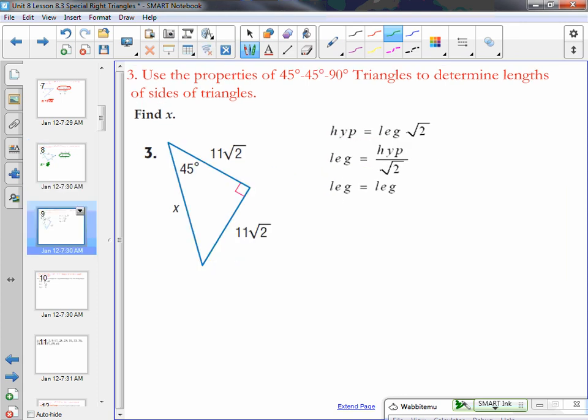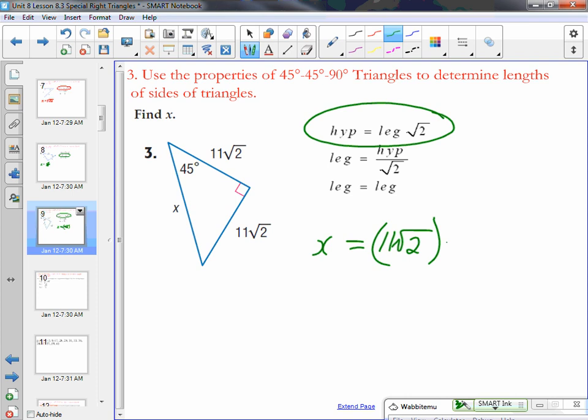All right, on number 3, let's work this one together because we need to make sure we can simplify this one right. We do have a 45, 45, 90. We're looking for the hypotenuse, so I'm going to use this equation. Hypotenuse, X, equals a leg, 11 square root of 2, times the square root of 2.